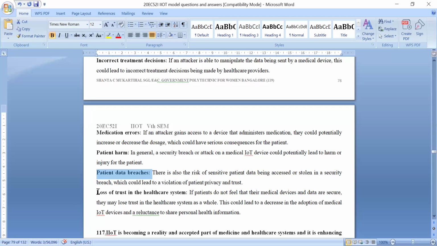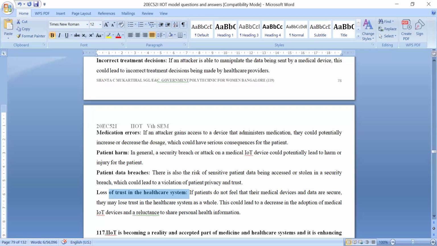Next, loss of trust in the healthcare system. Many patients have a lot of trust in medical IoT devices, and patients may become worried about using IoT devices if an attack happens. They will be very scared about sharing their personal health data and about potential harm to the patients if an IoT security attack happens.